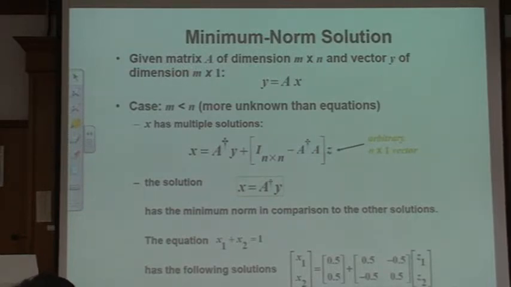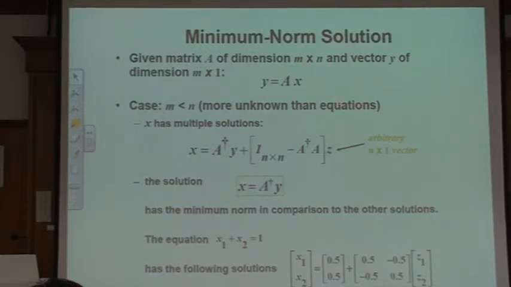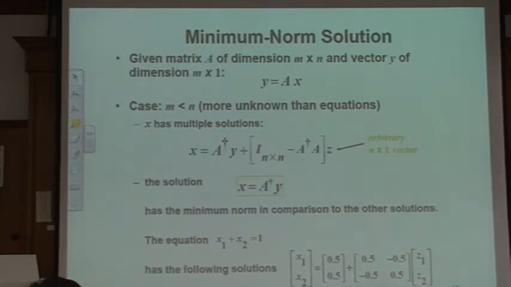Now another case is when m is smaller than n. Here we have multiple solutions because we have more unknowns than equations. So the best solution is shown here. Maybe you don't know how to get this result because we have an extra term here. It's pretty different from the previous result for m greater than n.